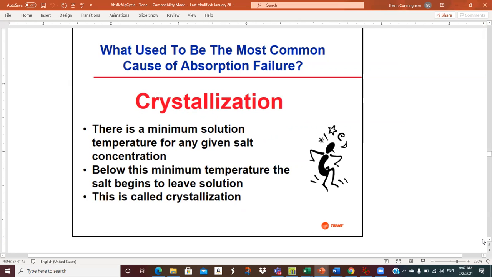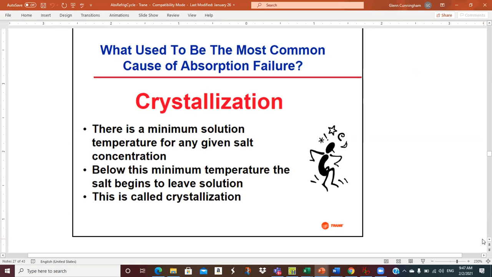And in order to get the machine going again, they would take that sledgehammer and beat the outside of the heat exchanger to break the salt back up from these large crystals into small pieces, so they could start absorbing water again and get the thing back online. And over the years, it had crystallized a lot, because that heat exchanger was beat up, had dents all over the thing from being hit with a sledgehammer. So in the old days, this used to be a pretty significant problem. I think it's much better these days.